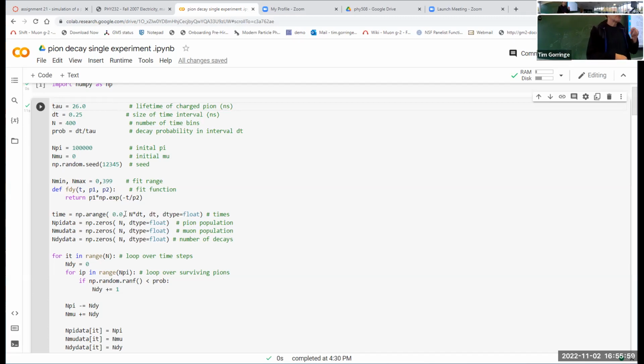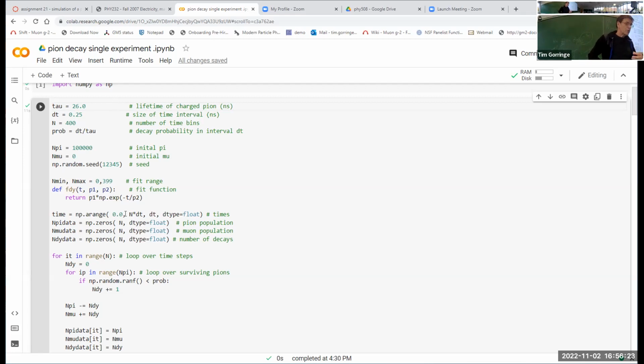Previously we had simulated this decay process of a pion decaying into a muon, and we computed the number of pions as a function of time and the number of muons as a function of time, starting with a sample that was all pions and no muons.